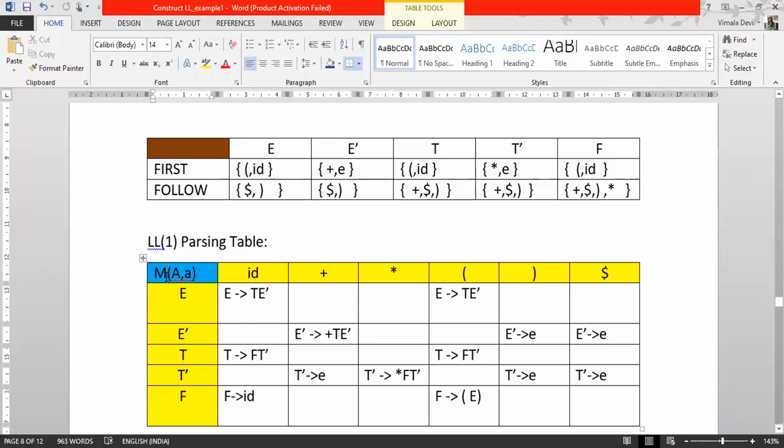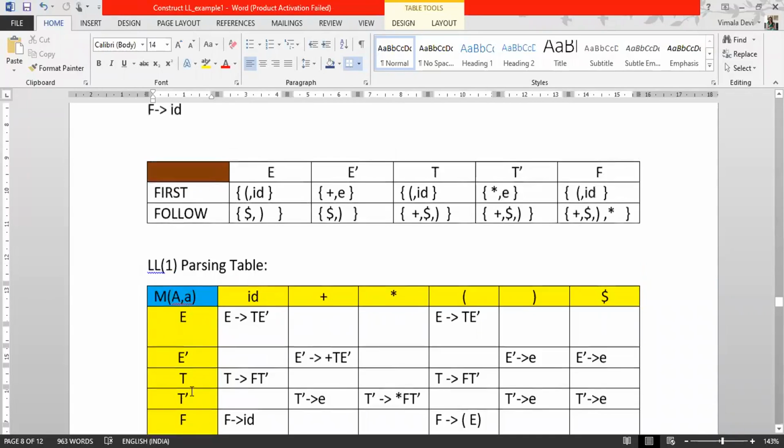M refers to the machine. Machine here is what? Parser. Row is given by capital A and column is given by small a. So capital letters we use to represent the variables, and the lowercase letters we use to represent the terminal symbols. So in the grammar, we have E, E dash, T, T dash, F. These are the variables, isn't it?